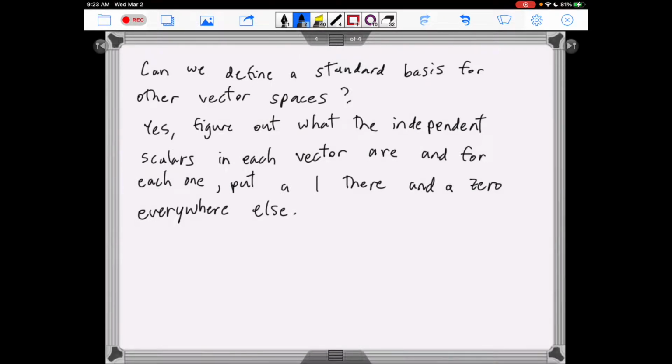Okay, so this is going to be our strategy for finding a basis for vector spaces.